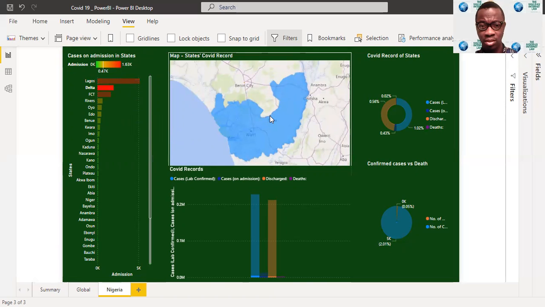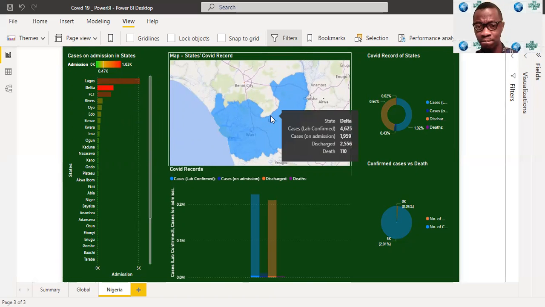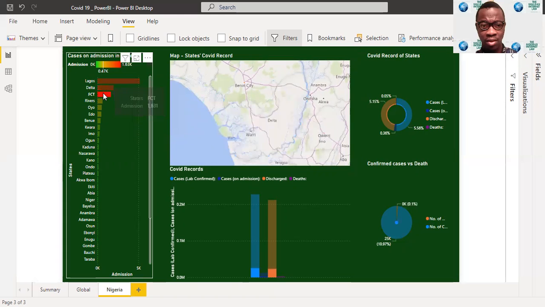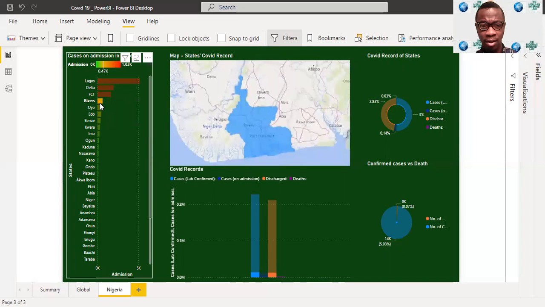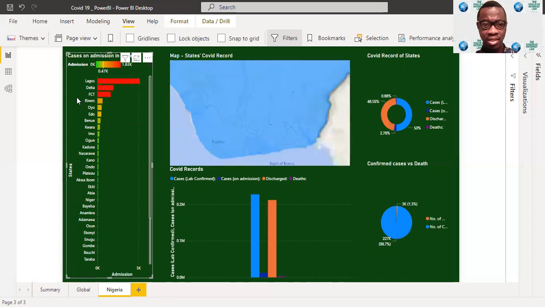We can then look at Delta State here, and this also shows the number of cases in Delta. You can also see the FCT, and we can move to River State. While for the other states, the cases are fewer.